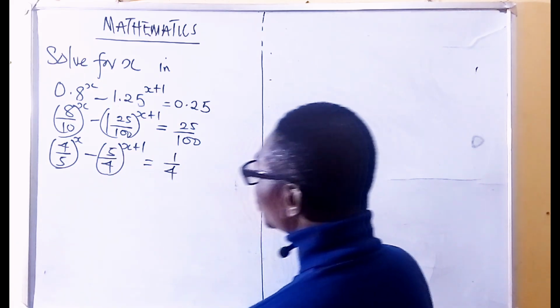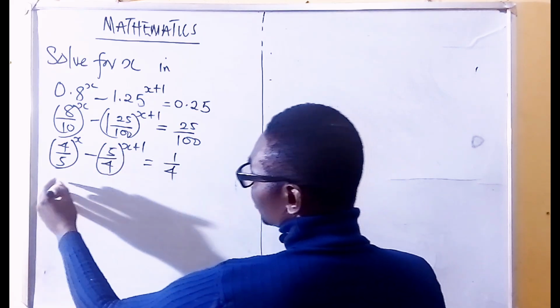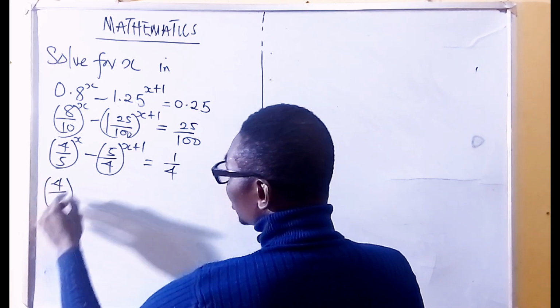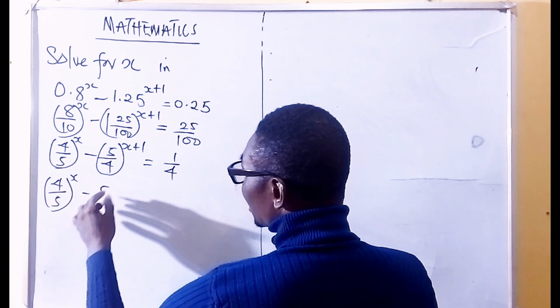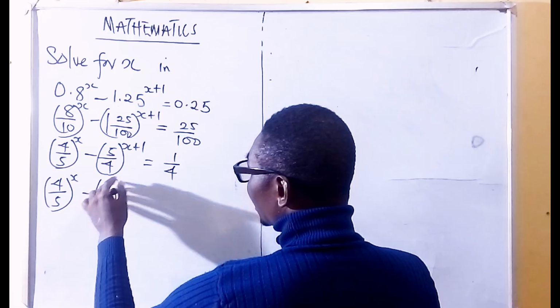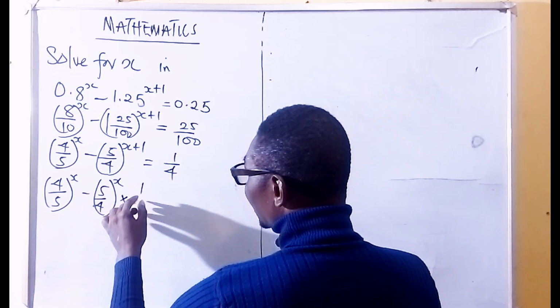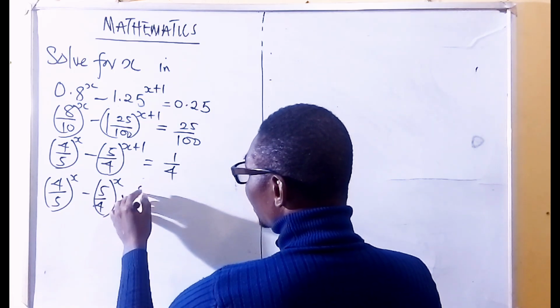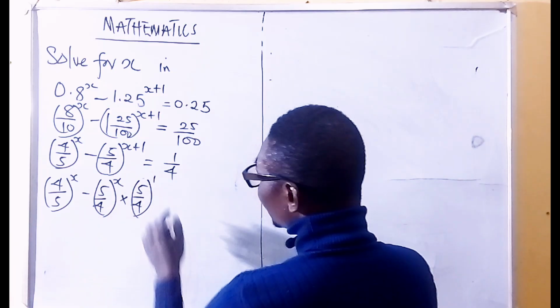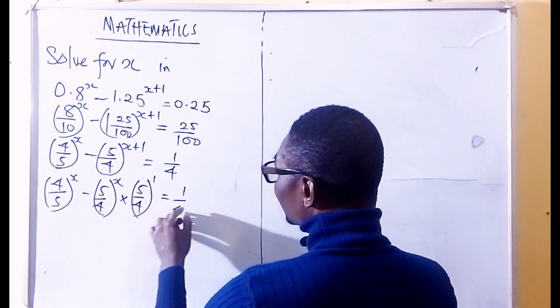Now, the next thing to do is to split this middle term. 4 over 5 raised to the power of x minus 5 over 4 raised to the power x times 5 over 4 raised to the power of 1 is equal to 1 over 4.